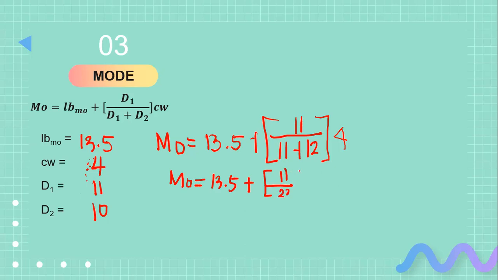Over 23 times 4. So MO is 13.5 plus 11 divided by, how many class? 11. Okay. 21, no? 23, very good.